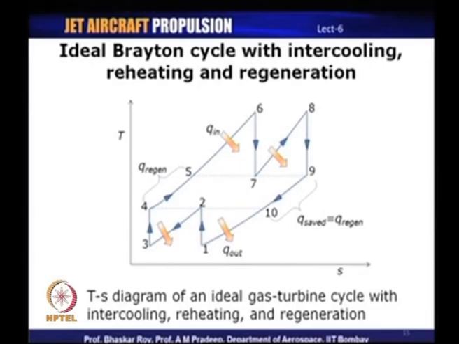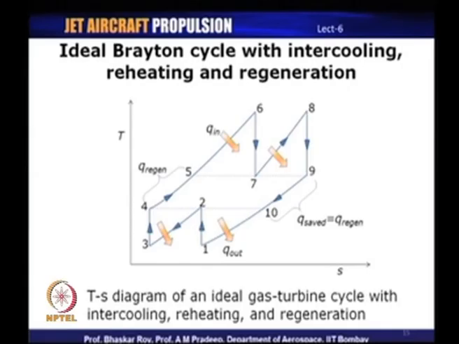So, this is basically showing a Brayton cycle which has 2 stages of intercooling and 2 stages of reheating, that is reheating between 2 stages of expansion and cooling between 2 stages of compression.